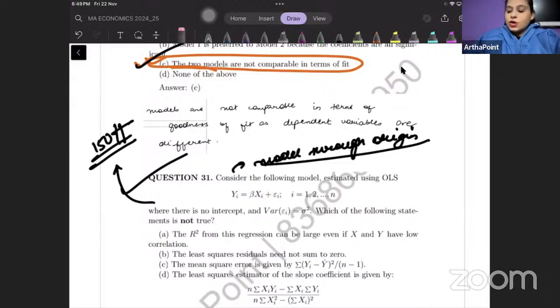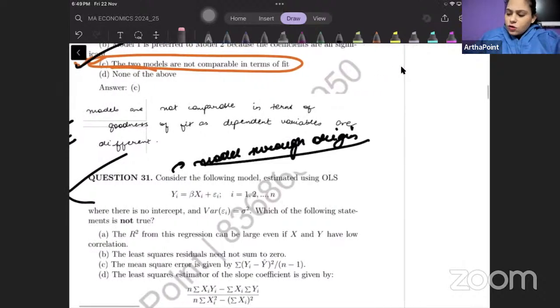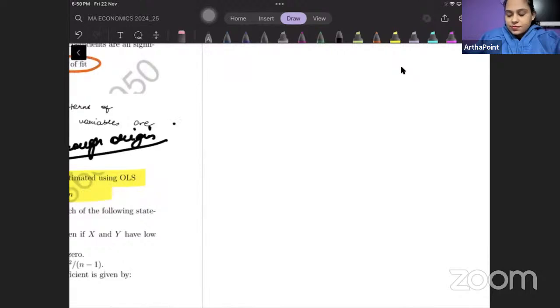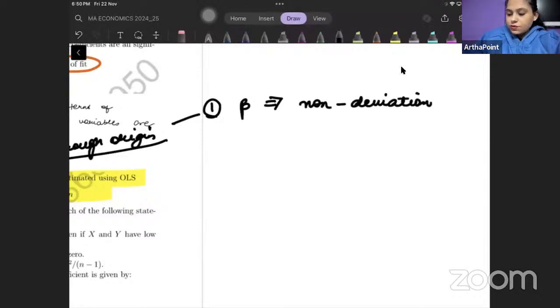Let's see. What are the properties of OLS estimators passing through origin? The first thing that I had told you is that whenever you write the formula of beta, this is in non-deviation format.